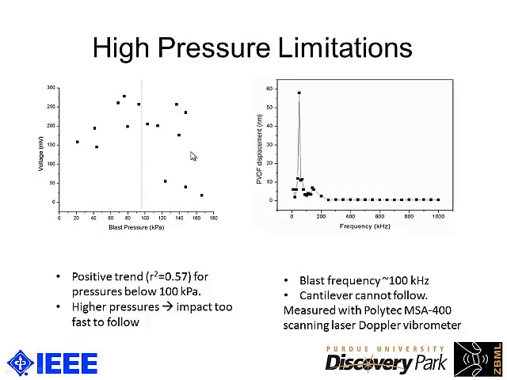The correlation dies down, especially after 100 kPa, but we're working on changing the dimensions of the PVDF and also testing actual spinal cord samples to see if we can detect blast measurements also. In this case, the blast wave is too fast so that PVDF can't follow. You can see that it doesn't have any resonances at really high frequencies.